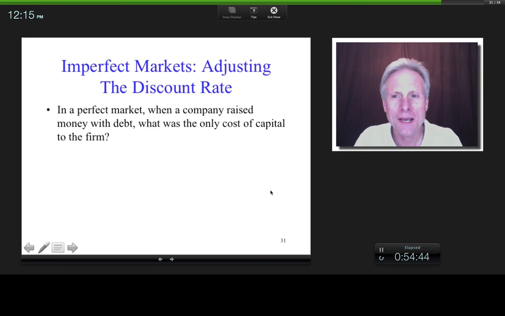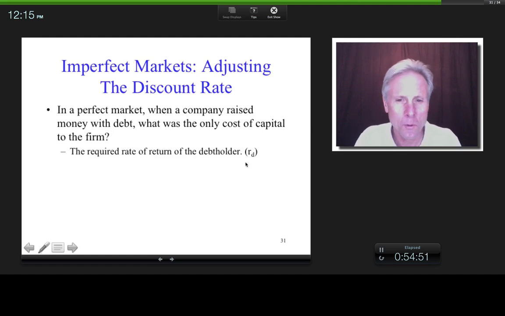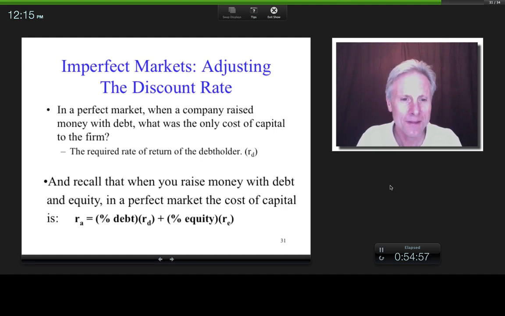Now what about debt? Did the debt holders also require a return? They did, right? We call it the required rate of return of debt. And in perfect market land, when we put it all together, the cost of capital to the firm was basically a weighted average of these two required returns.